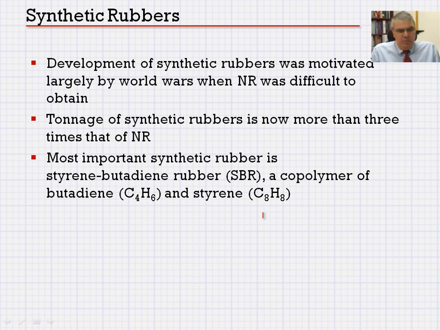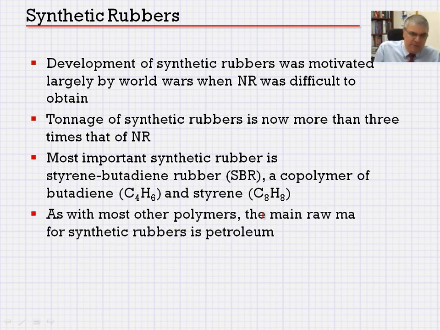The copolymer butadiene, it's C4H6, and styrene, C8H8, and styrene butadiene rubber, or SBR, is another. These are three important synthetic rubbers that are used in the industry.